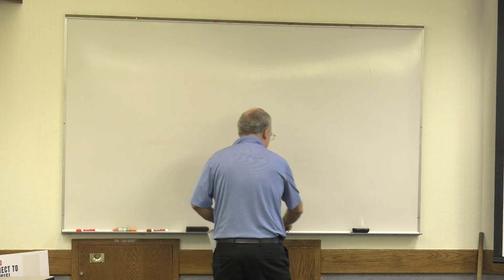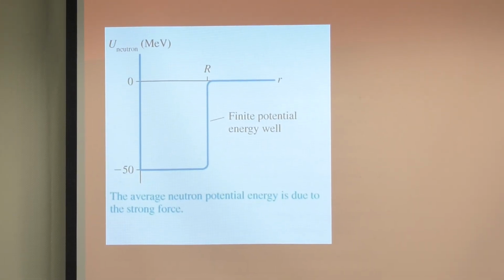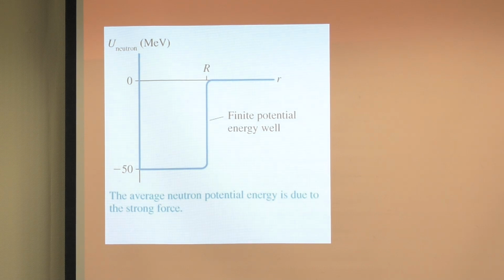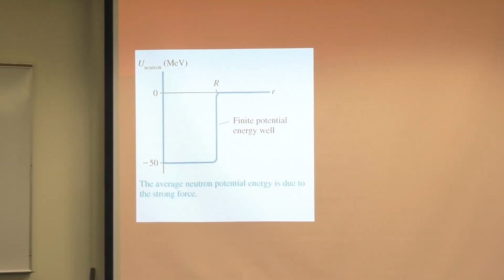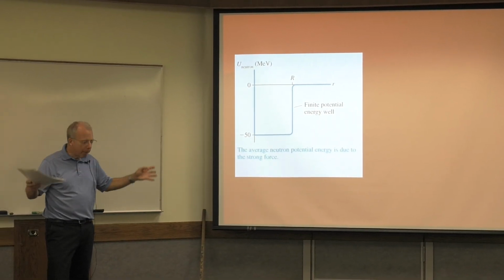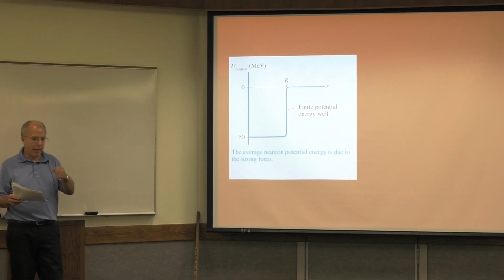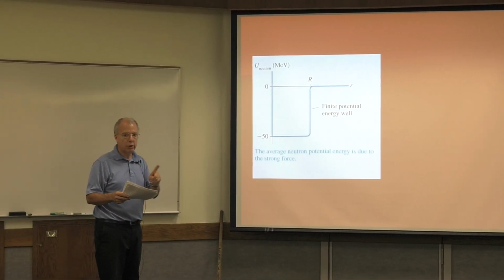Well, now we're going to talk about the shell model, the nuclear shell model. It's a big improvement over the infinite well, but there are still some approximations. What we're going to say is that every nucleon, either proton or neutron, moves independently, but there's an average potential energy due to the attractive nuclear strong force.